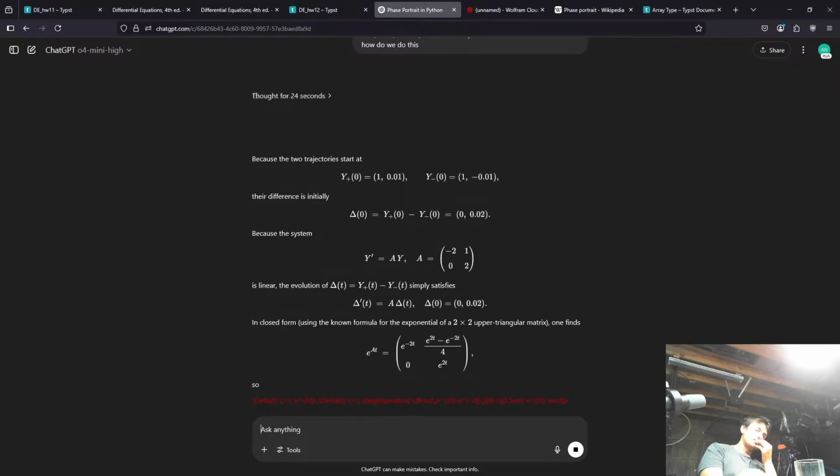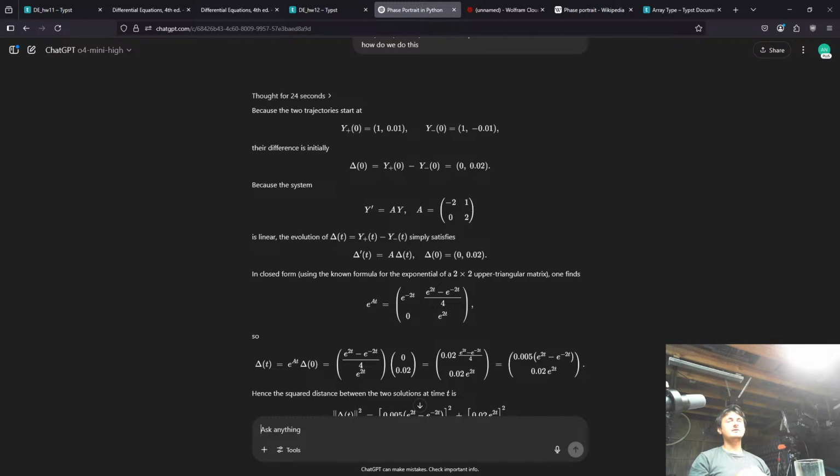Wow, that's super interesting. You can find the general solution for the both of them, and then you could take their difference. Oh, wow.